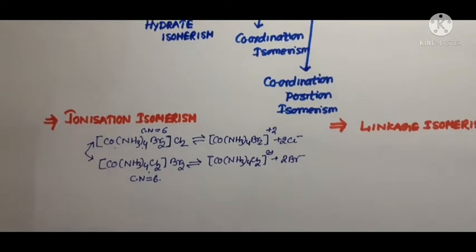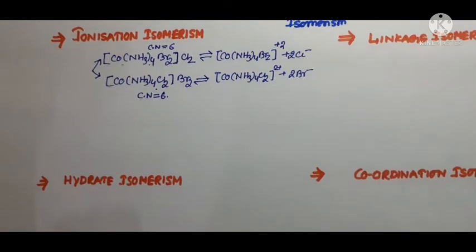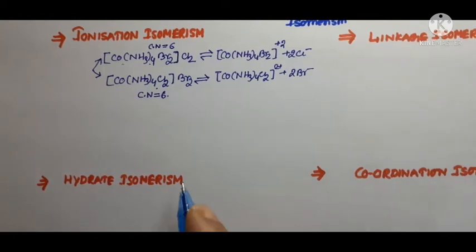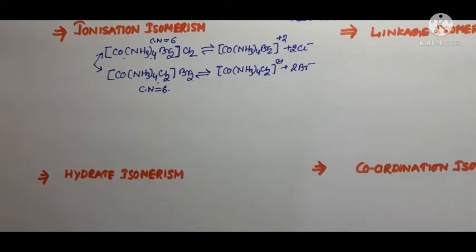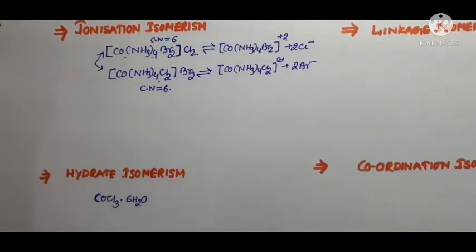Now let's move on to the next topic, and that is hydrate isomerism. It is very simple. The isomers which have a different number of water molecules inside and outside of the coordination sphere are known as hydrate isomers, like CoCl3 dot 6 water or CrCl3 dot 6 water.